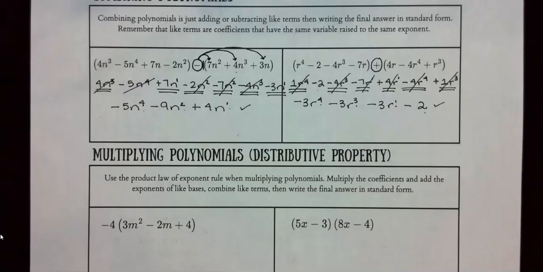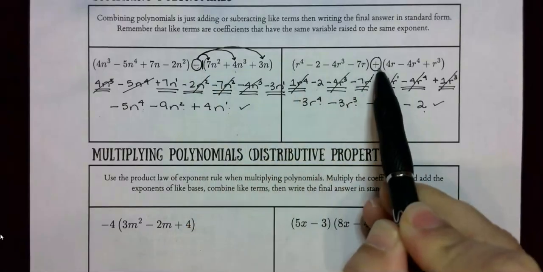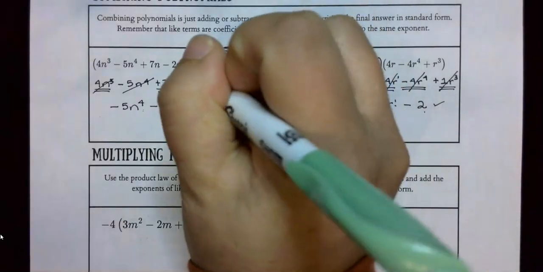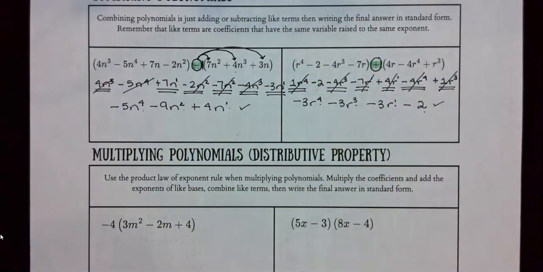But one of the biggest mistakes that I see when we're working these kinds of problems is we forget that if there's a plus or a minus in the middle, that we can't multiply. We have to distribute either the positive or the negative 1. And then we need to just add and subtract. That's it. So please get into the habit of looking in between your 2 parentheses so you know whether we're adding, we're subtracting, or we're going to multiply.